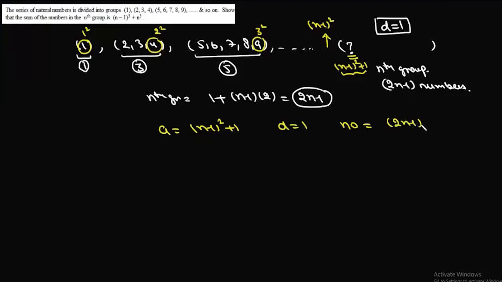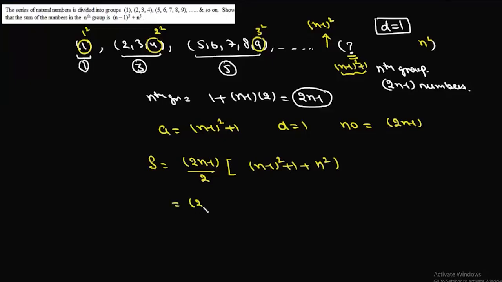We just need to find its sum. So sum of these numbers will be n by 2, so it will be 2n minus 1 by 2, and then A plus L. So it will be n minus 1 square plus 1 plus, and we know that here the last term will be n square.